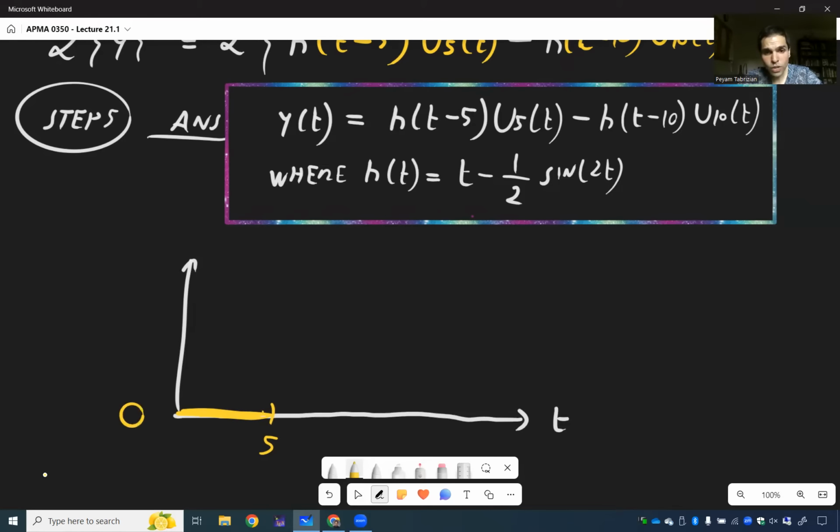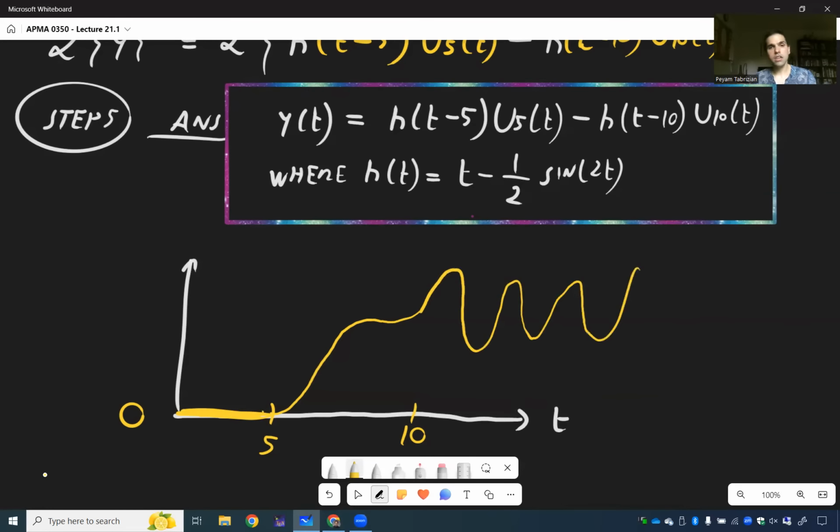And then between 5 and 10, what you see is sort of a transition period going on, where the function is kind of a hybrid between constant and sines. And then after 10, all those u5 and u10 are 1. And what happens is that the motion just becomes purely sinusoidal. So this is our y of t.